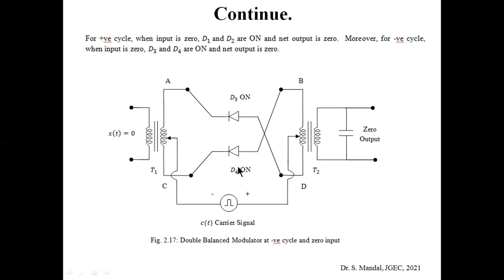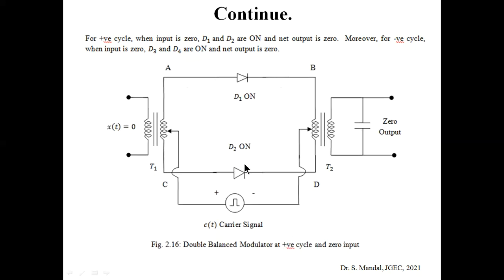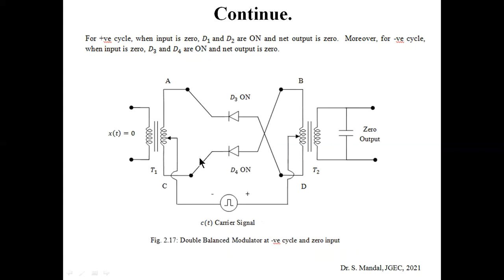Clear? So remember, just two cases: in the positive cycle, when this tap is positive, D1 and D2 will be on, and in the negative cycle, when the carrier signal is negative, D3 and D4 will be on and the other diodes are off.